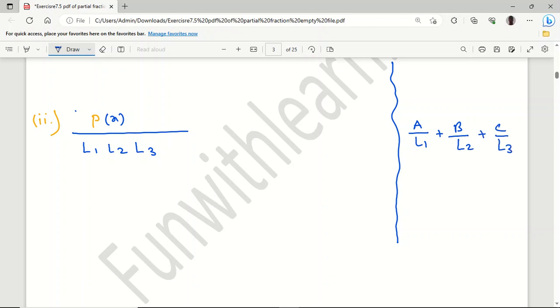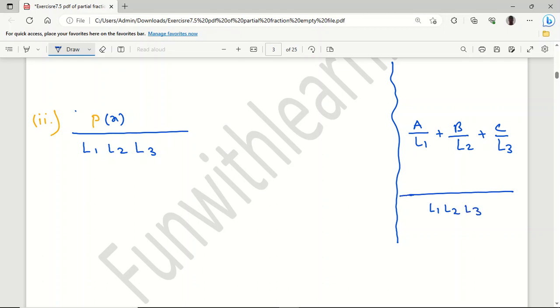See, here it is very easy to understand, or you can mug it up: in the previous case we broke into 2, so here we can break them into 3. The main thing is that you need to understand why we are breaking them like this. See, here I need the degree of the polynomial in the denominator to be 3. So once I take the LCM, these polynomials are all different, so obviously it will give me a degree of 3, L1 into L2 into L3.